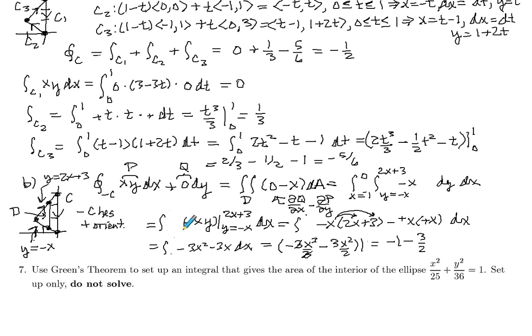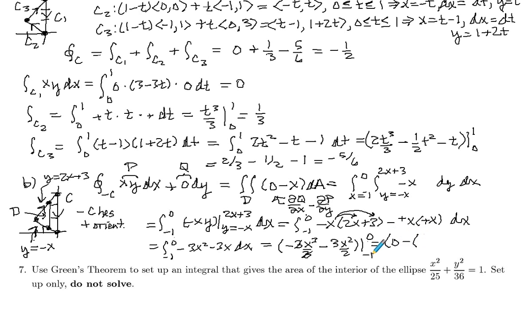So if all of these are negative 1 to 0, and I plug 0 in, I just get 0 minus 0, which is 0.